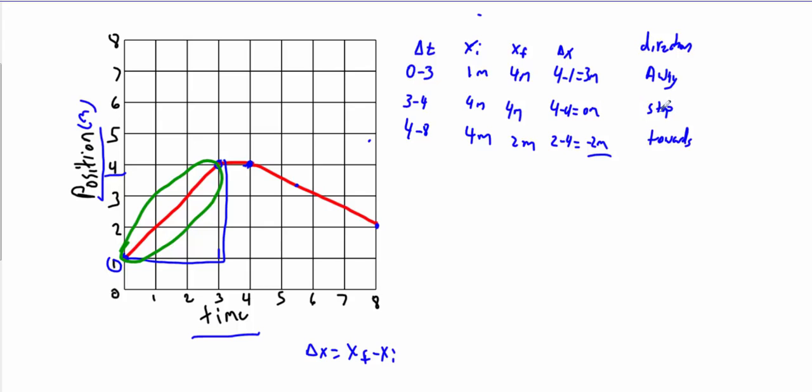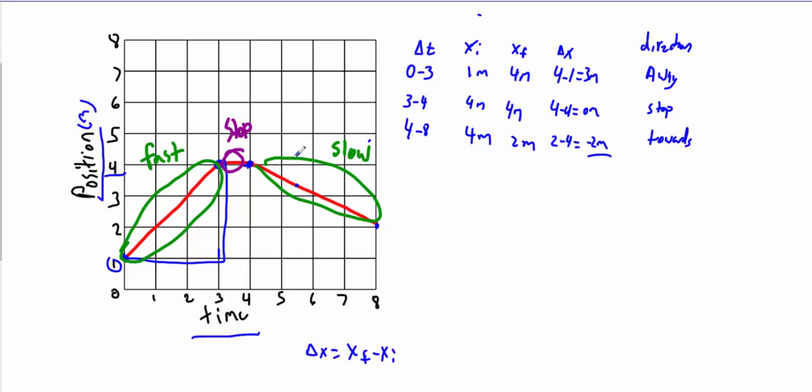It didn't go anywhere. And this one has steepness, but it's not as steep. It doesn't have as much slope as the first one, and it only went negative 2 meters in 4 seconds. Okay, and that lets me know that this one is fast, this one is slow, and the interval in between is actually stop.